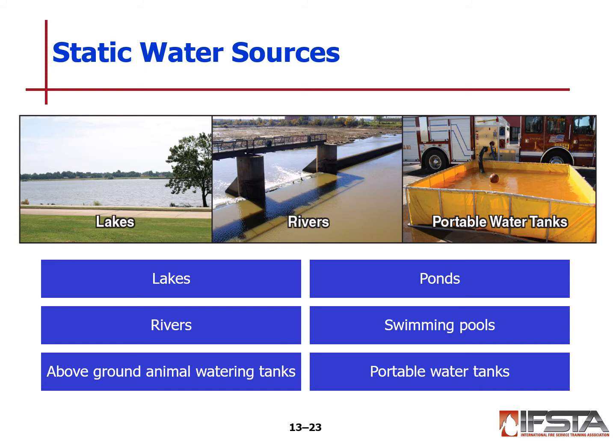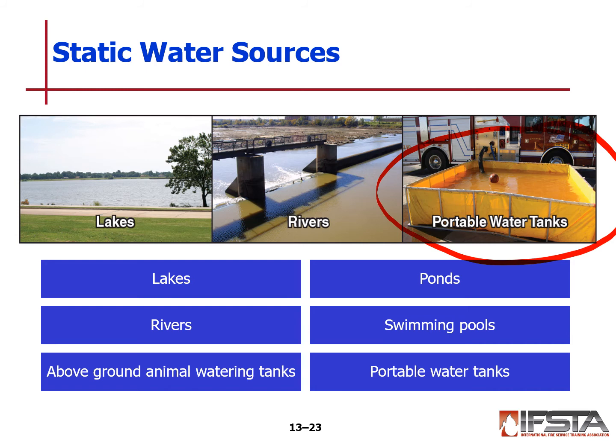So if there's not a roadway or a pathway close enough that a heavy pumper can sit on and deploy its hose, then that could be a problem. You can draft out of rivers, swimming pools. There could be above ground swimming pools, or in-ground swimming pools we can use. There may be above ground animal watering tanks that we can use, or other portable water tanks as well.